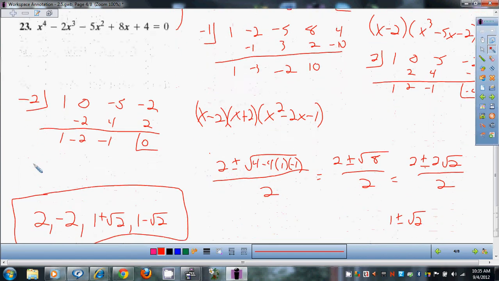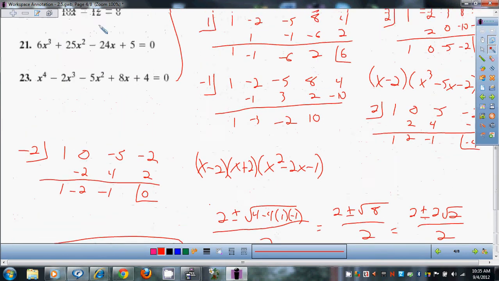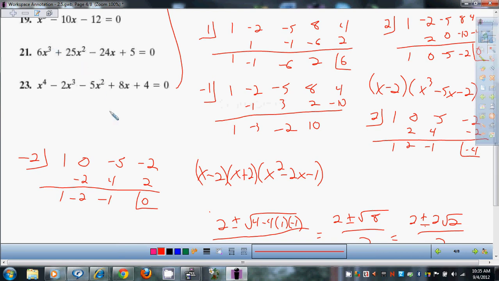We just had to keep them. If it's cubed, yeah. See, if it's cubed, then when you find 1, your depressed polynomial will be a quadratic. But this one started to the 4th. So after we found 1, we weren't to a quadratic function yet. We had to find another one to take it down. Does that make sense?